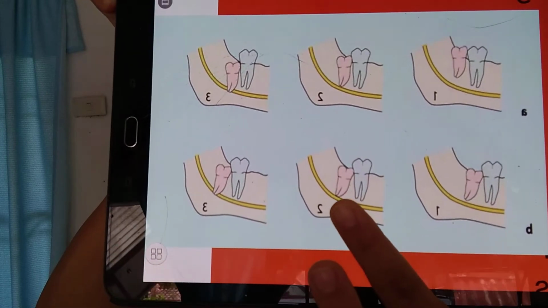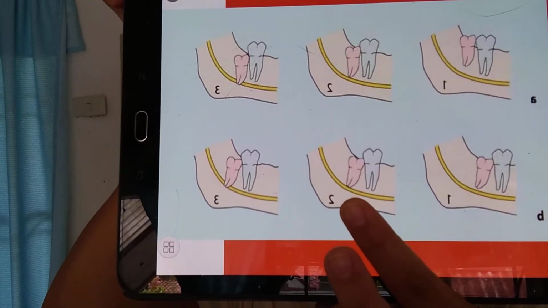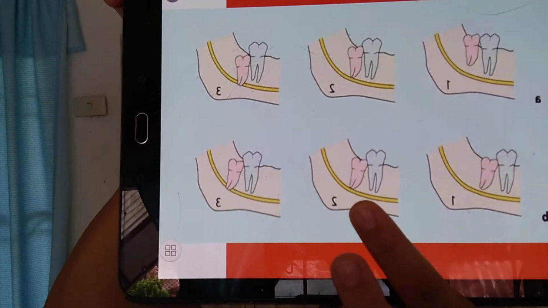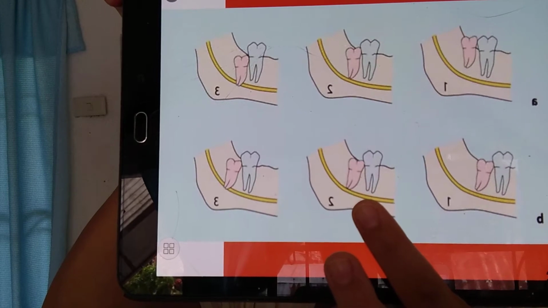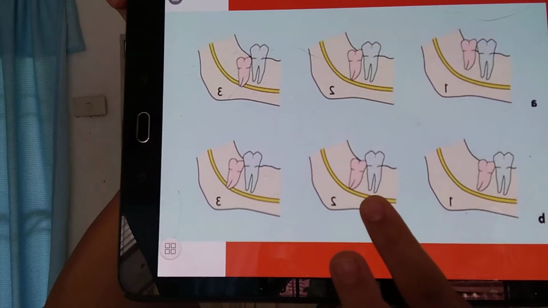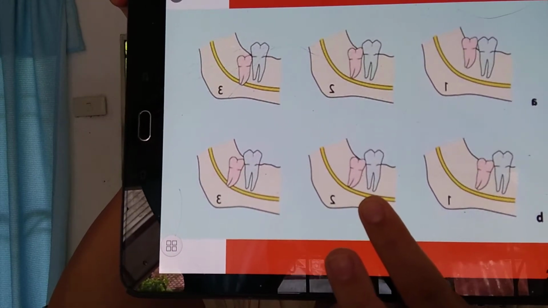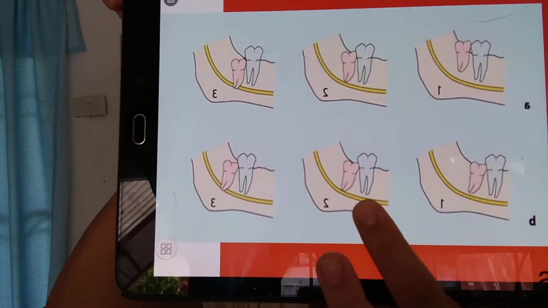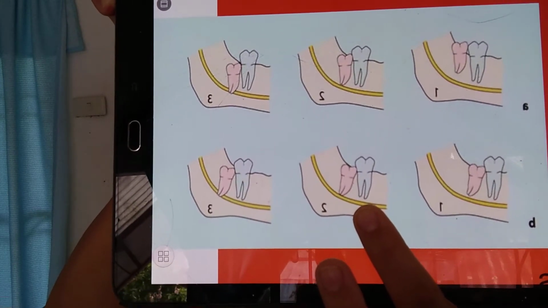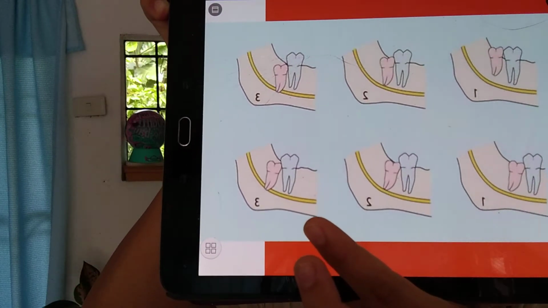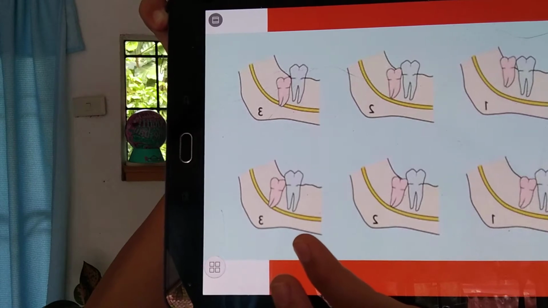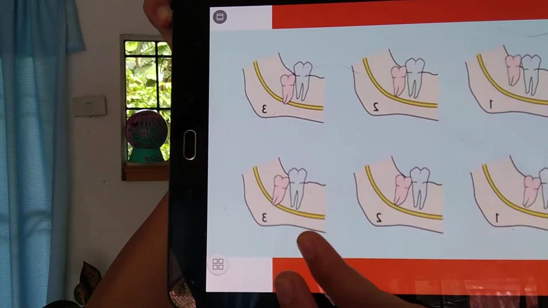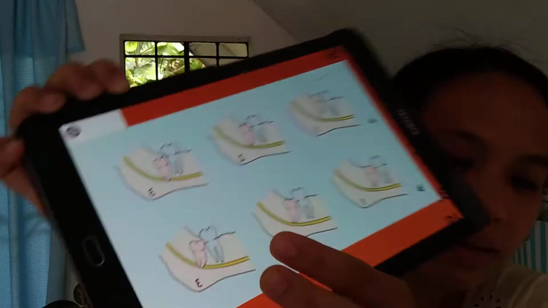For class 2, the existing space is less than the mesiodistal diameter of the crown of the impacted tooth. For class 3, there is no room between the second molar and the anterior border of the ramus, and the entire impacted tooth or part of it is embedded in the ramus. So that is for the classification.